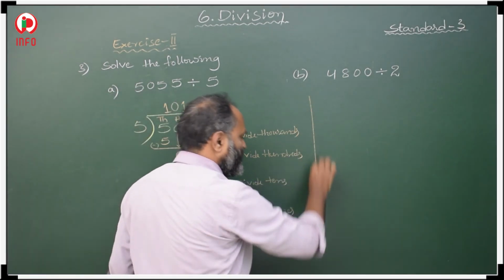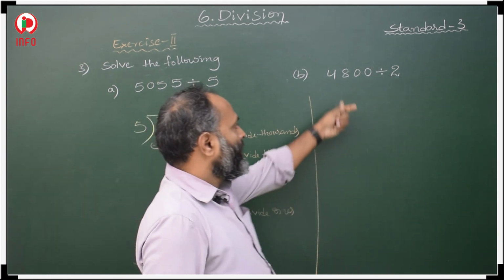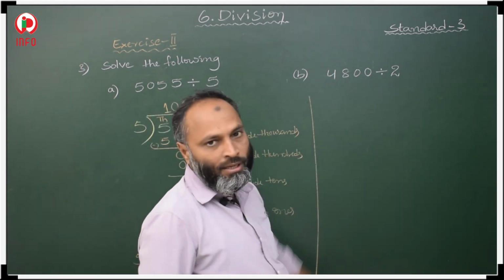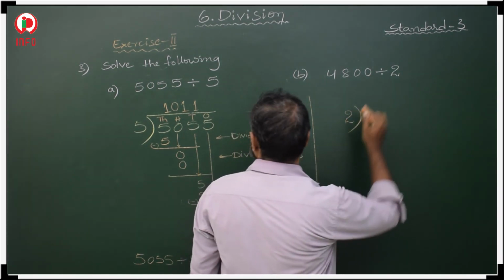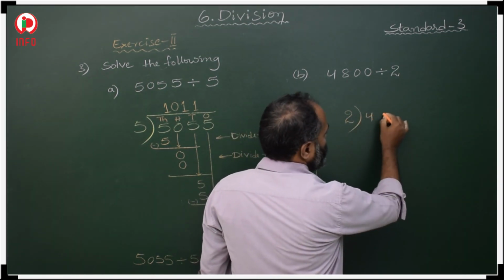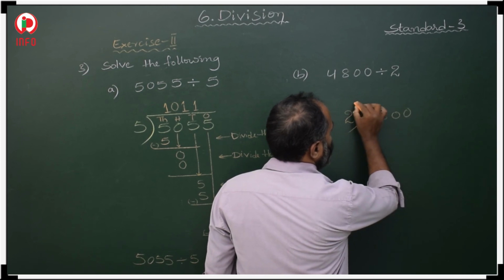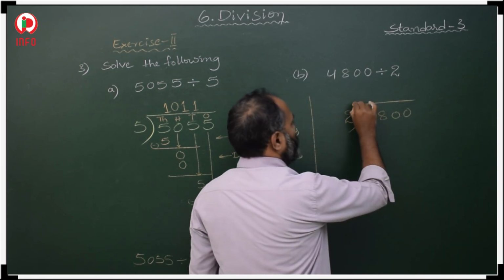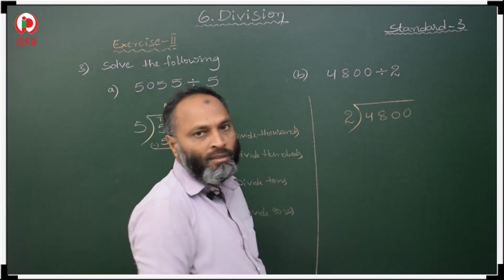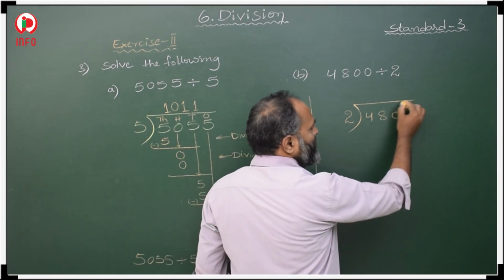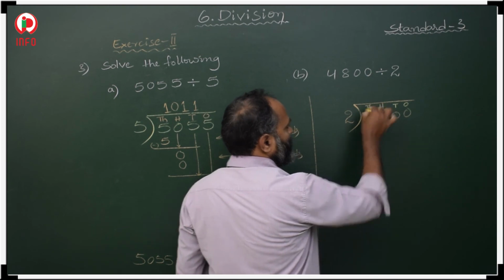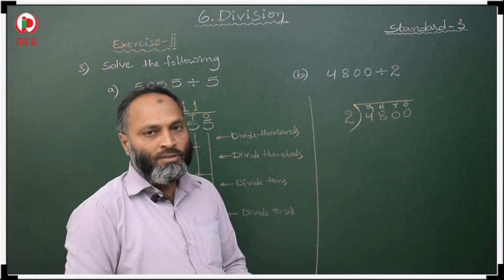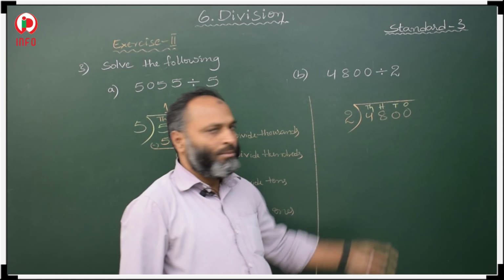Next, now here this 4 digit number 4800 we have to divide with a single digit number, that is 2. First this is the ones place, tens place, hundreds place, next thousands place. First we have to divide the thousands place.